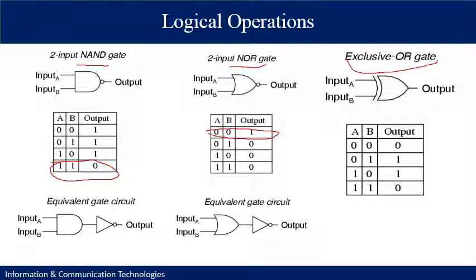So this will provide the output as 1 when you have different inputs, and it will have the output 0 when both inputs are the same.